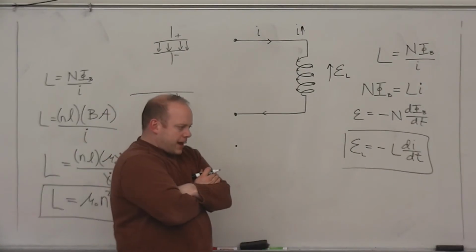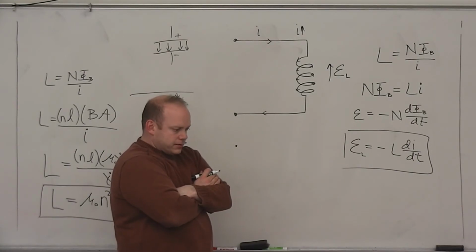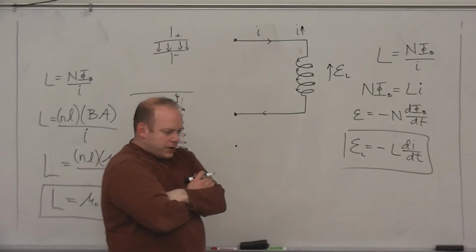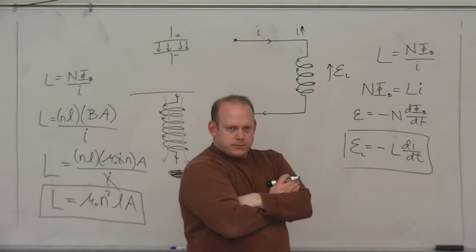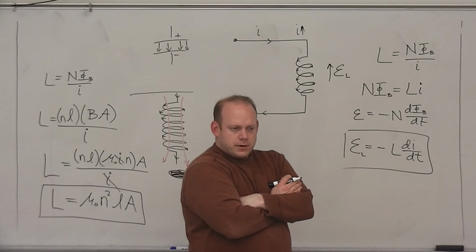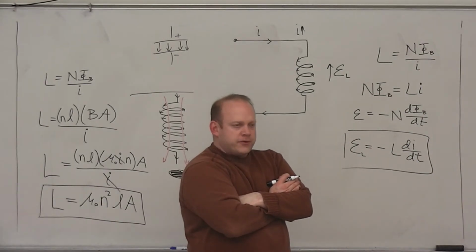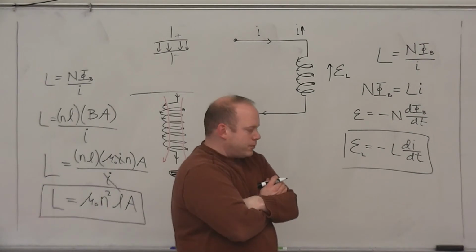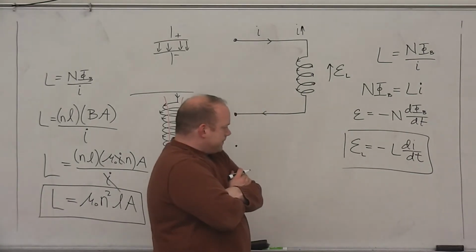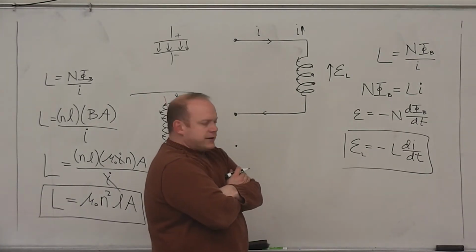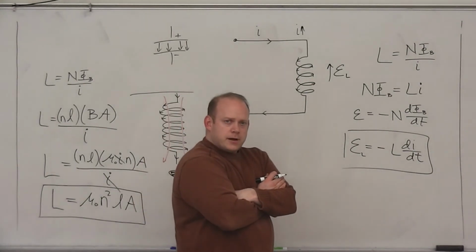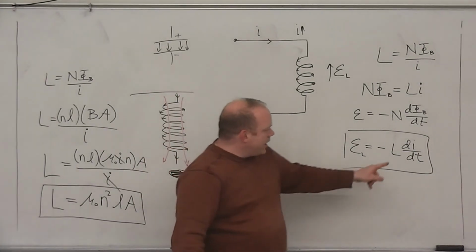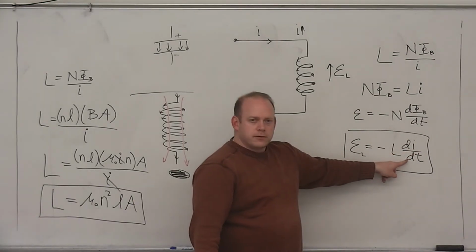After a long period of time with the capacitor, it reaches steady state, and the current comes to a steady value. Think about this. The voltage across an inductor, if it reaches steady state, it means that you have a constant current. If I have a constant current, what does this vanish to? 0.